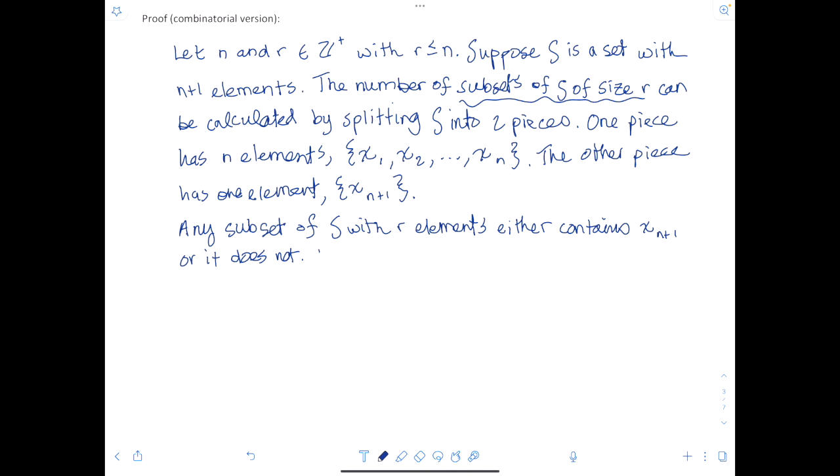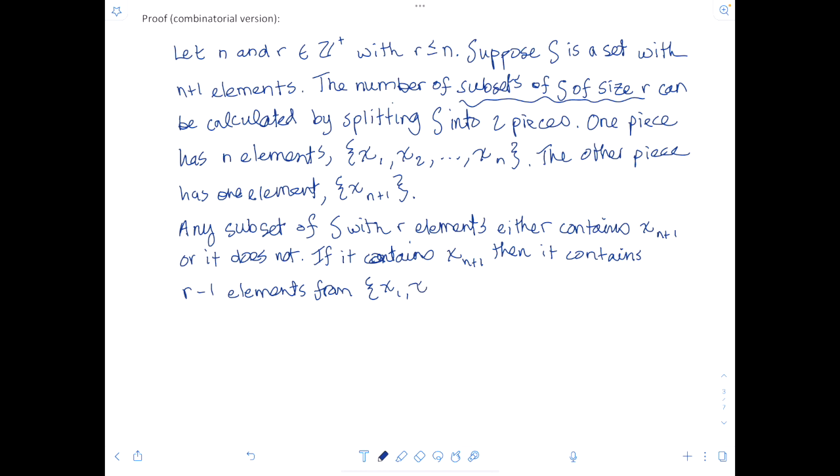So if it contains that element, then it contains r minus 1 elements from that other set, which was x1, x2, all the way down to xn.